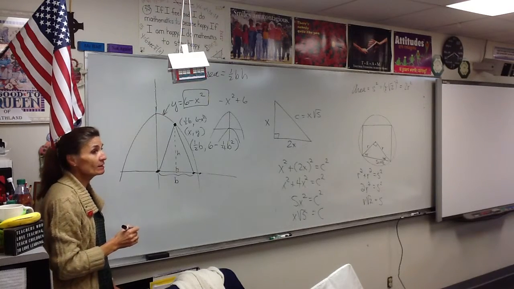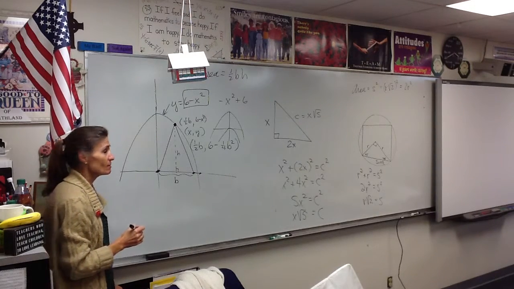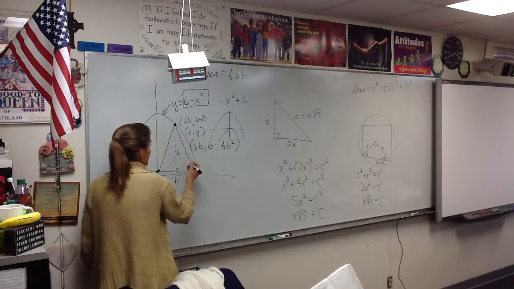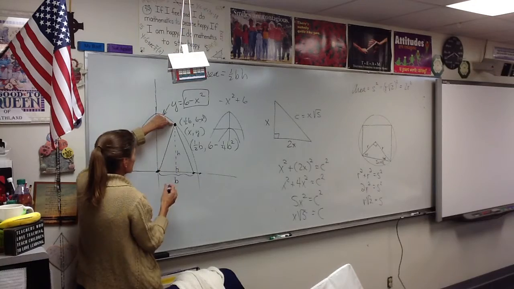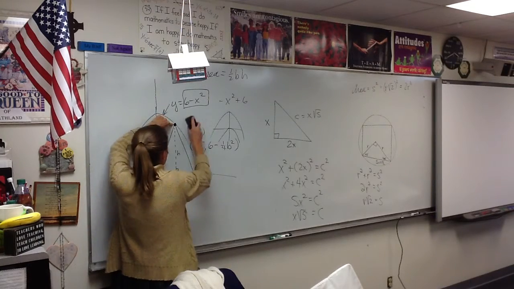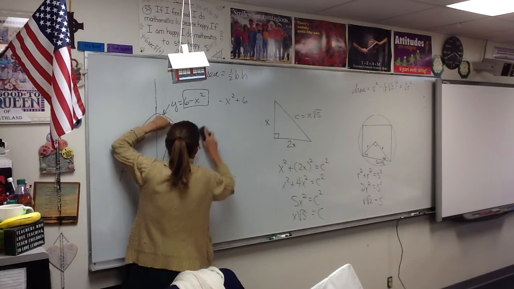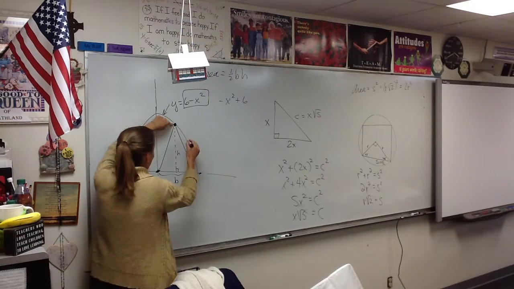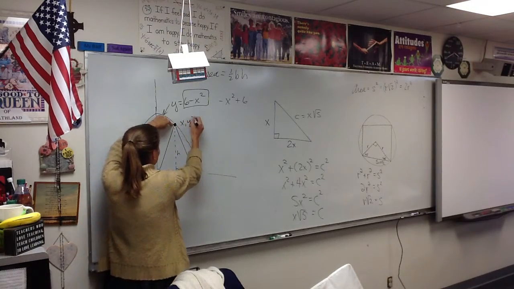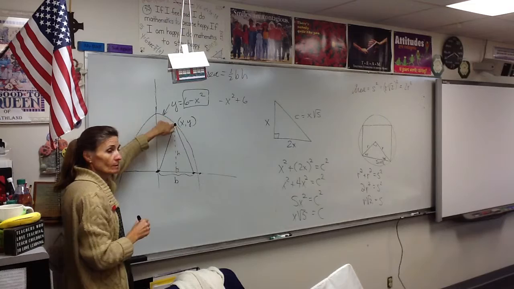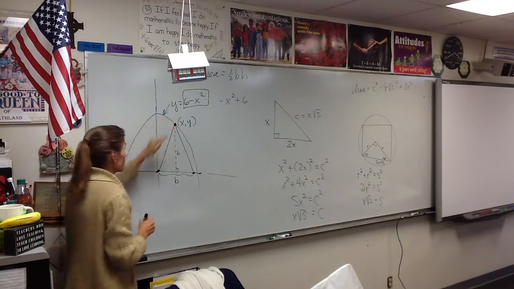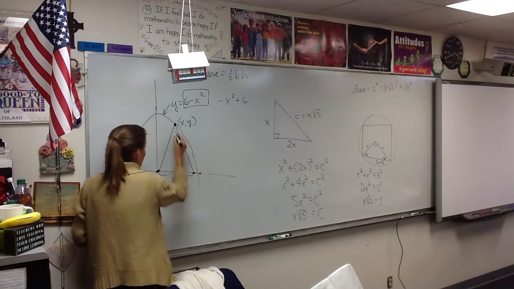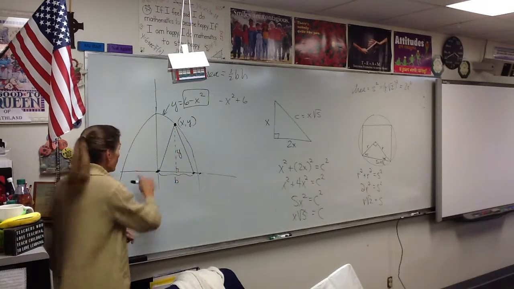You guys, we gotta think a little bit now. These aren't all gonna be just so simple, we gotta think. So we know that the coordinates of this point, let's start over again, are x comma y. So this distance right here is y, up y.